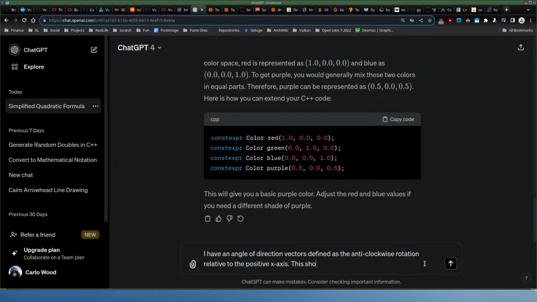This should define any direction uniquely. Do you agree?